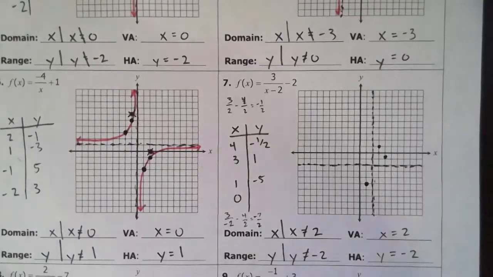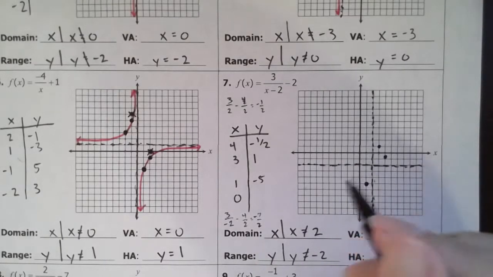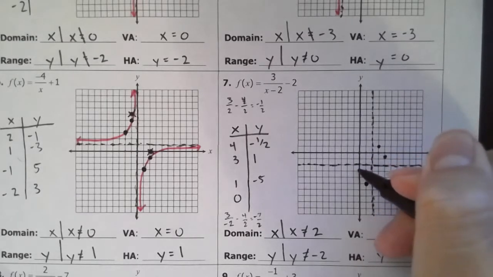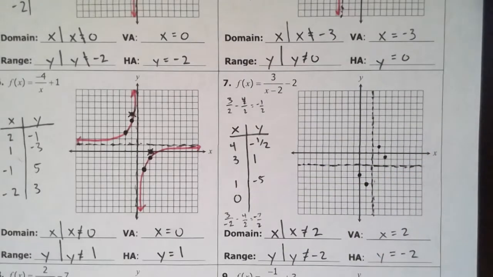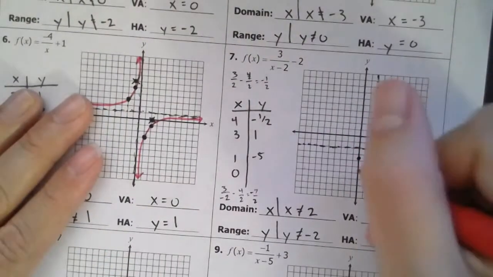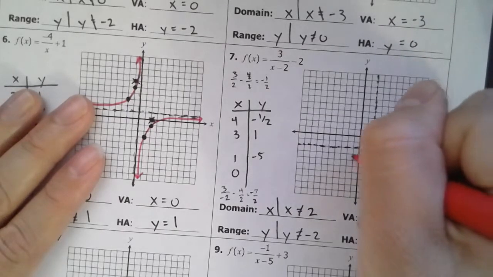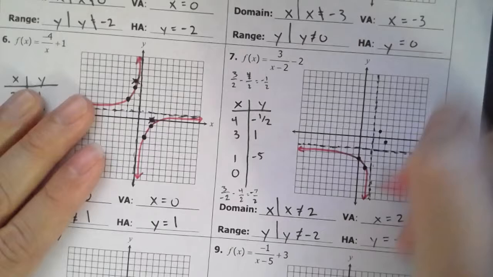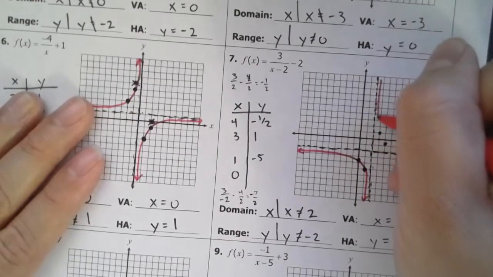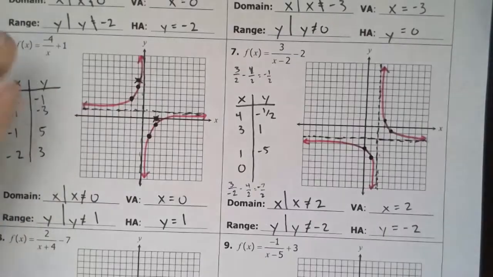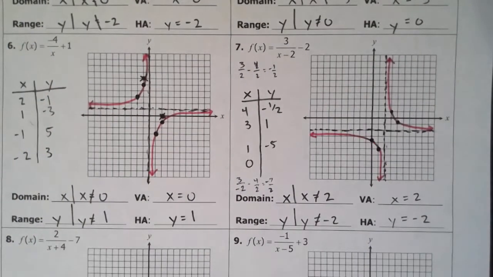So at x is equal to 0, here, 1, 2, 3, that right there, it's about negative 3.5. So now I can draw this there. Okay. Last two.